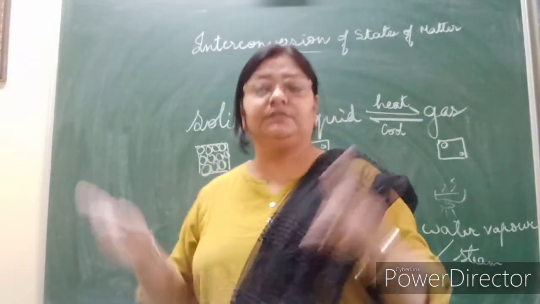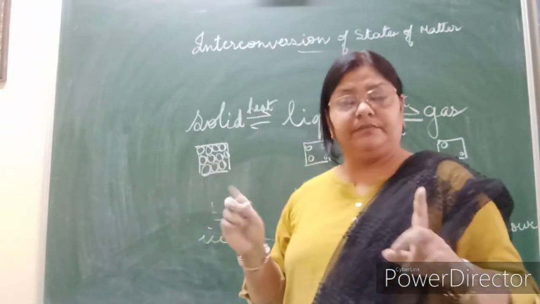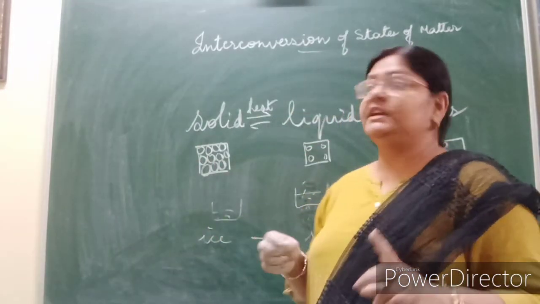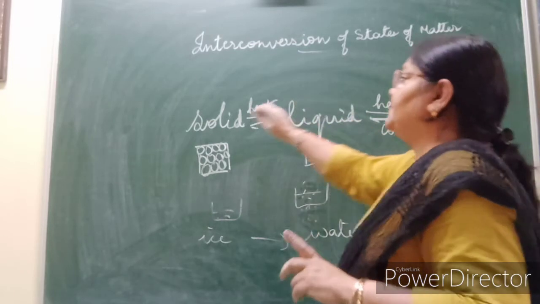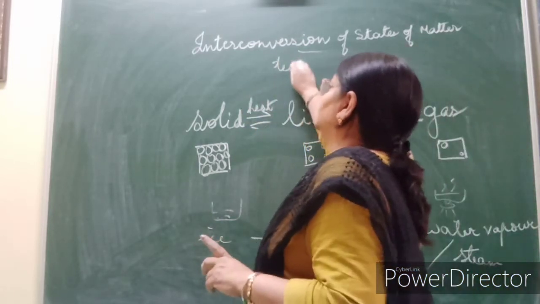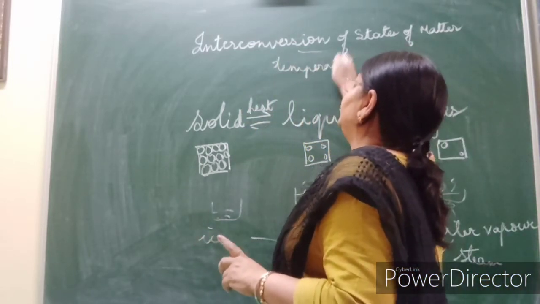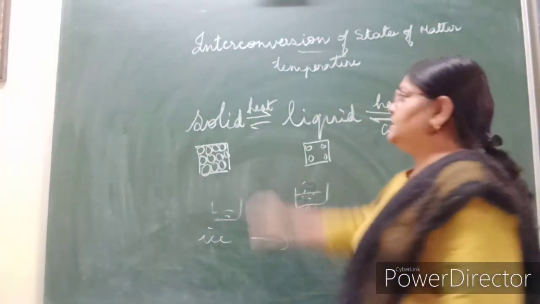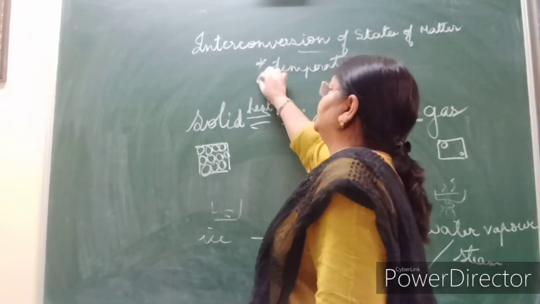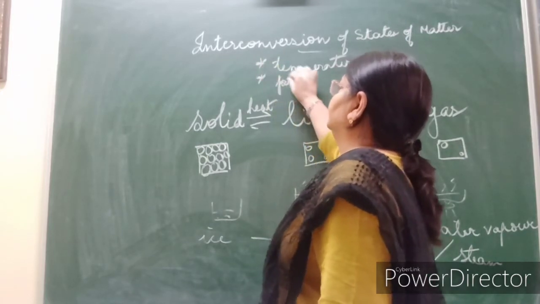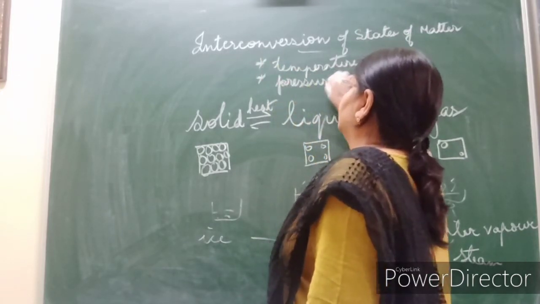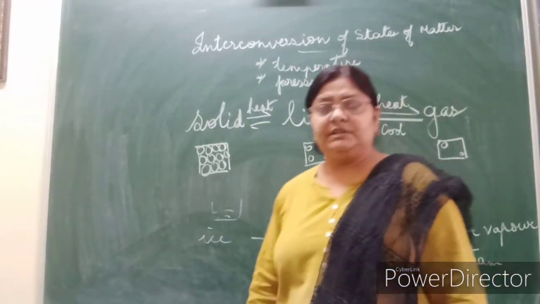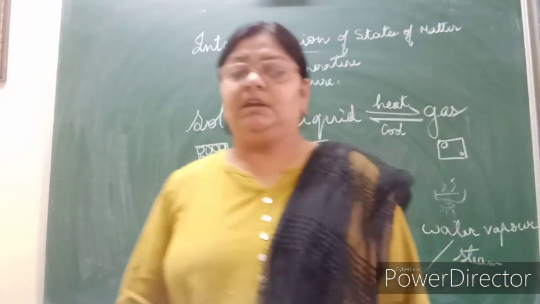Now, in this change of state of matter, what was the factor that helped it change? That is change in temperature. We saw that by changing the temperature, the state of the matter changed. It can also be done similarly with pressure. Even when pressure is changed, the state of matter changes.